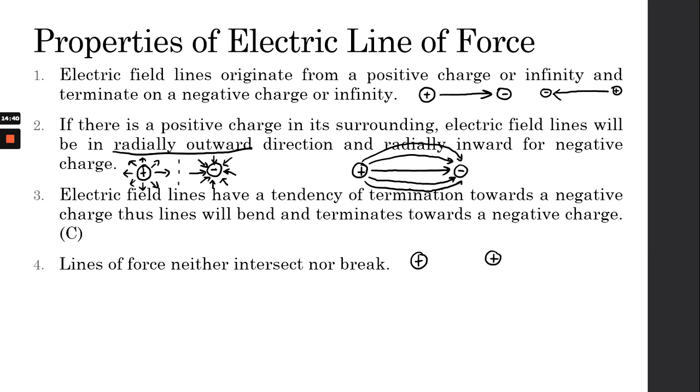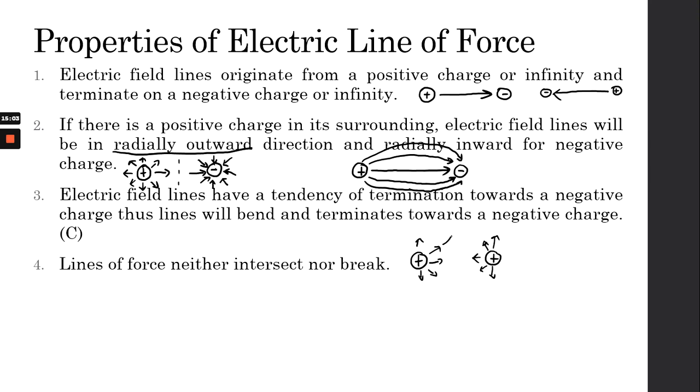Okay, so we know that positive charge will always have a direction that is radially outward, right? So the same thing here, they're radially outward. But what they're not going to do is intersect. This will never happen.